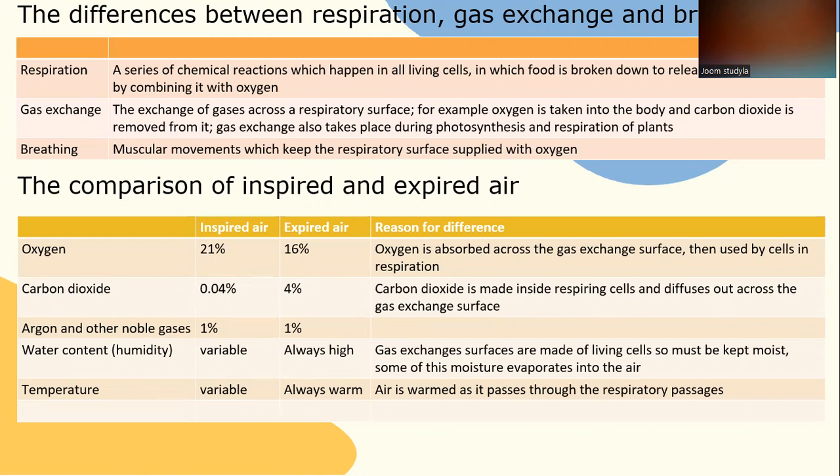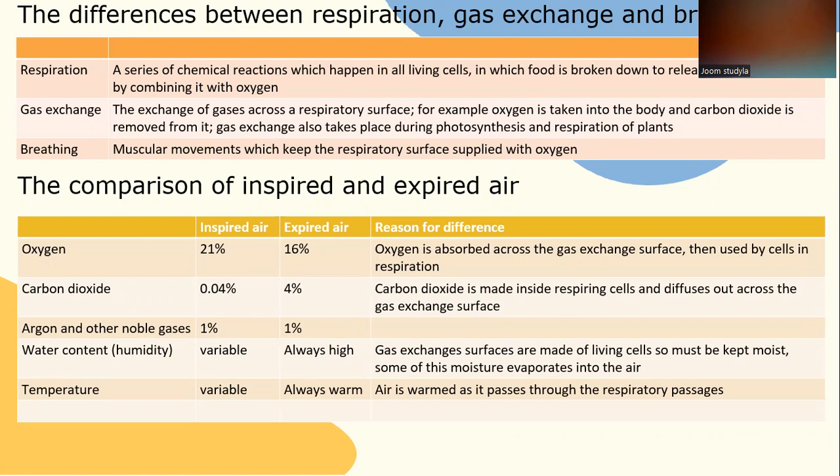Carbon dioxide in inspired air is only 0.04% and in expired air is 4%, because carbon dioxide is made inside respiratory cells and diffuses out across the gas exchange surface. And argon and other noble gases are 1% and 1%, nothing much different.